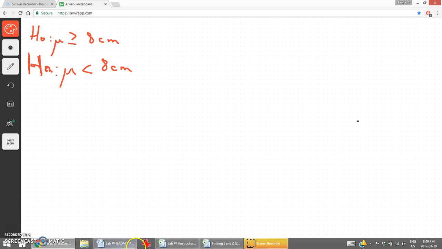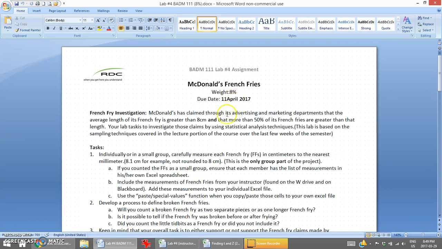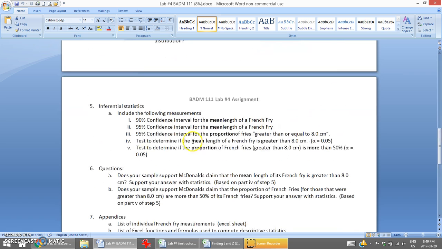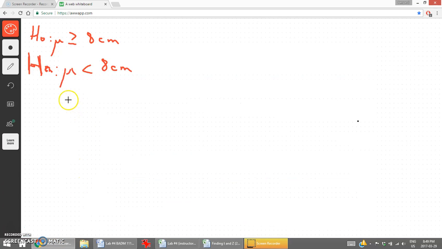We know from looking at the question, it says the keyword "greater than," as well as in the task, it says test to determine if the French fry is greater than 8 centimeters. That is our keyword, which tells us that it is a one-tailed test.